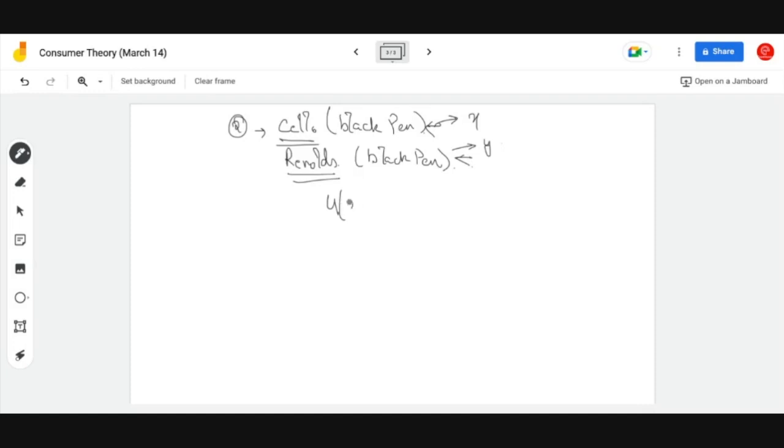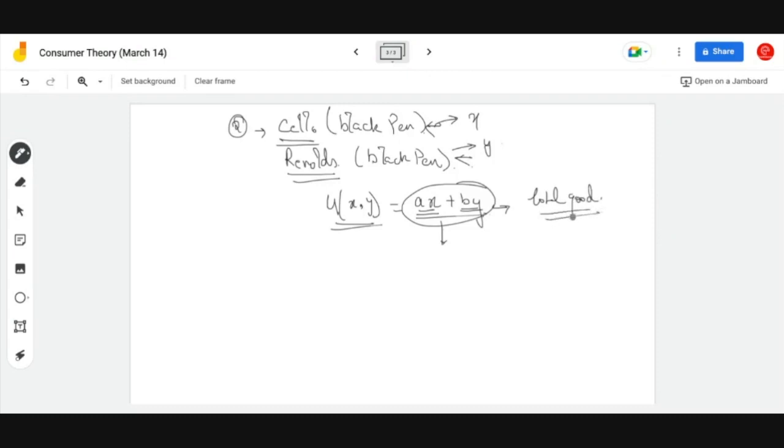So let's call this Cello X and Reynolds is Y. So utility U(X, Y) is, let's say, aX plus bY. This means that to reach a particular utility, you need to use either X or Y, because you want to maximize your utility by consumption of the total good.